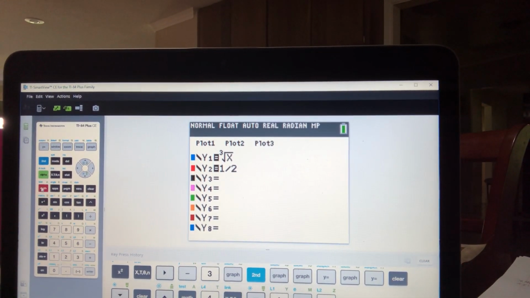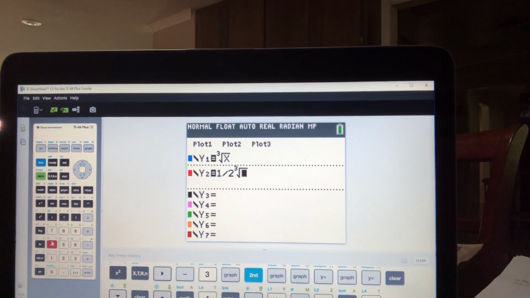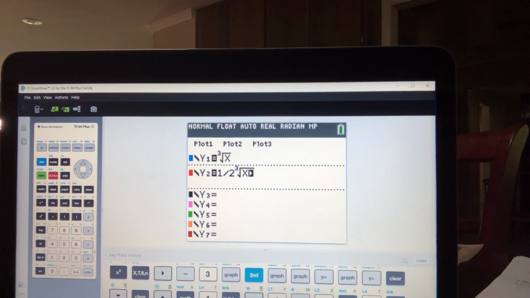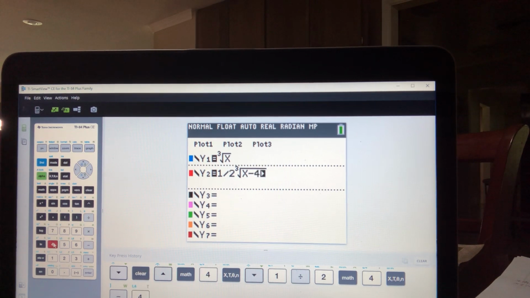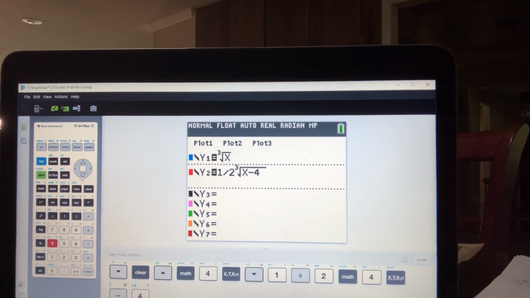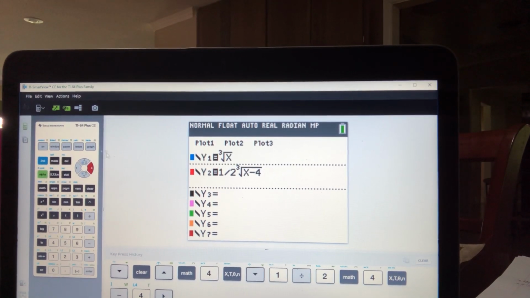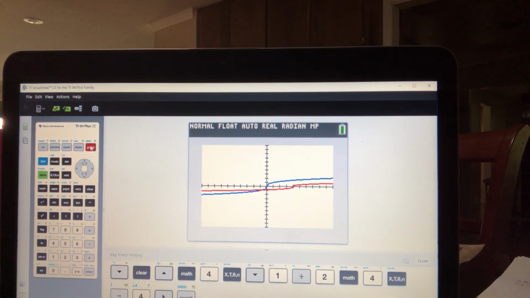Find cube root again under math, number 4. And then we have x minus 4 inside of the radical symbol. I'm pressing the right arrow to get out. Okay, so those are your two equations. And I'm going to press graph to see how they look. So we have the original blue one and then the red one.